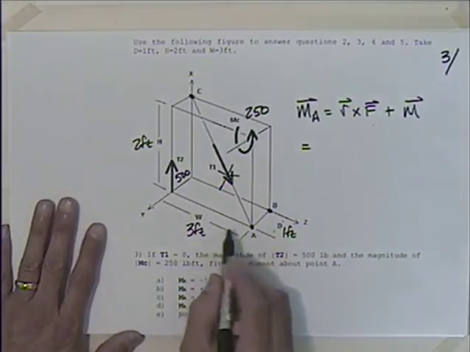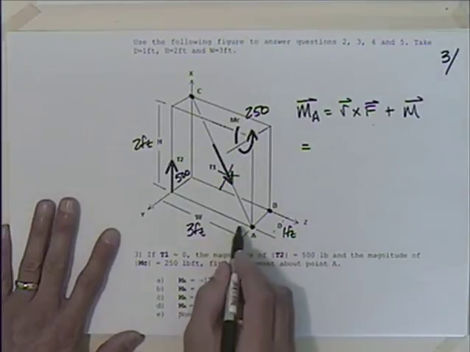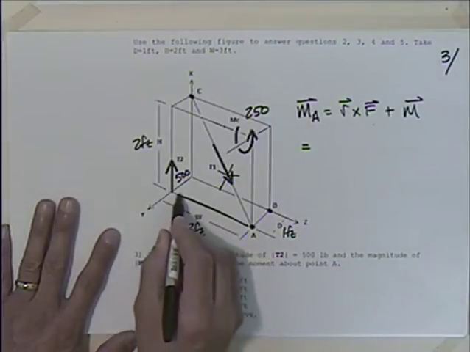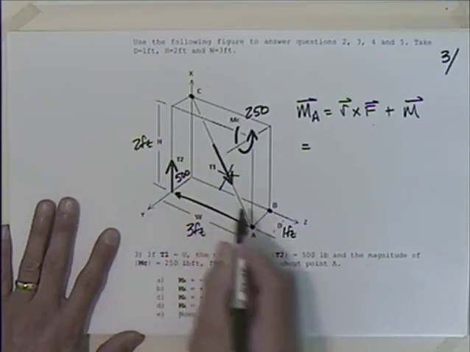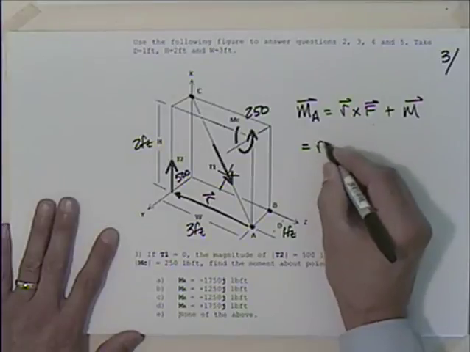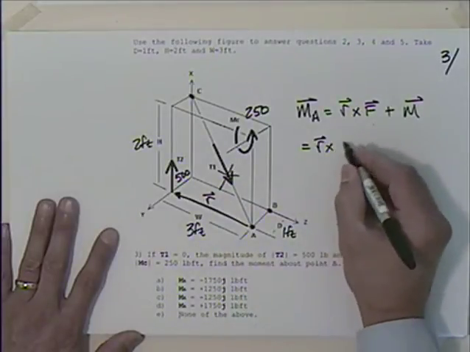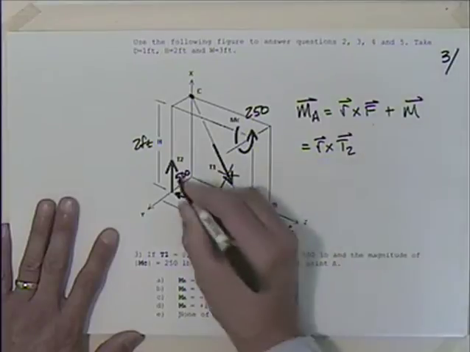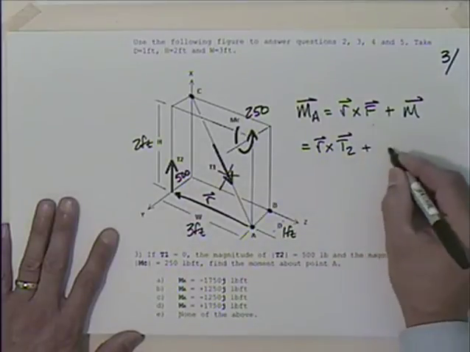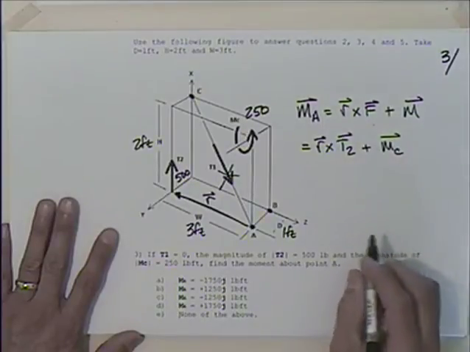Well, if I'm finding the moment about A, that's going to be this R. So I'll just go ahead and leave that as R because I've indicated that there. Crossed with T2, there's our T2, plus the moment about C.